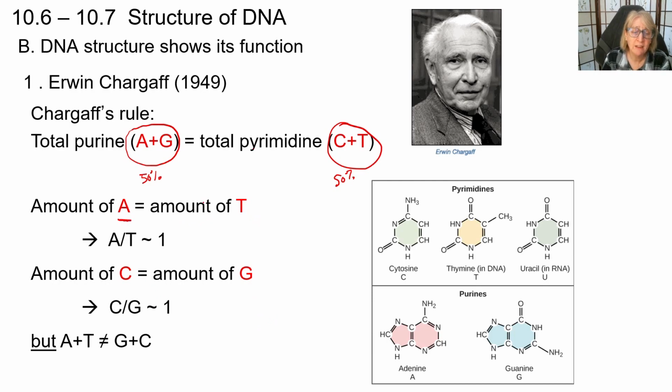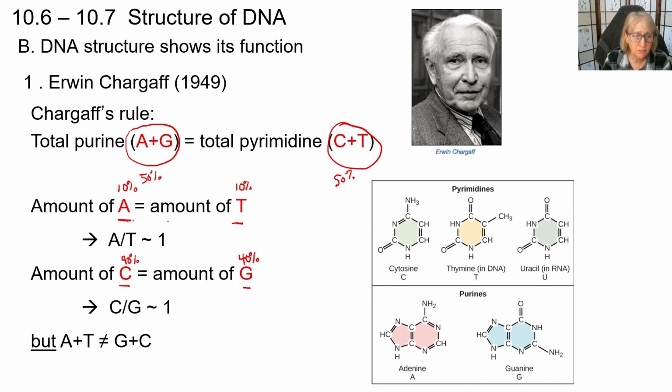The amount of A is always equal to the amount of T. So the amount of adenine is always equal to the amount of thymine in a DNA sample. So if I have 10% adenine, I have 10% thymine of my DNA sample. This would be a strange low number, but he found the same relationship between cytosine and guanine. If there was 40% cytosine, then there is 40% guanine.